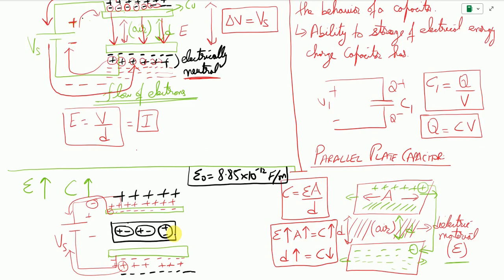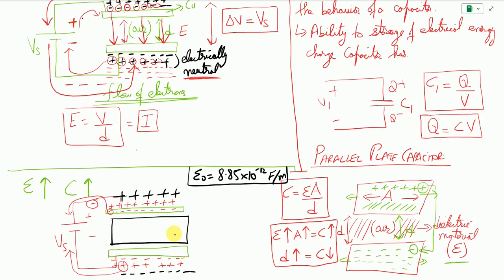What happens to the dielectric material in this case? As soon as the voltage is applied, the dielectric material is going to shift its polarity. Since we have negative on the upper plate, the random elements over here will be reconfigured to something like this. Previously the elements were randomly placed.